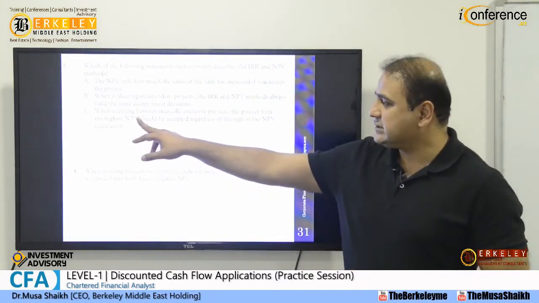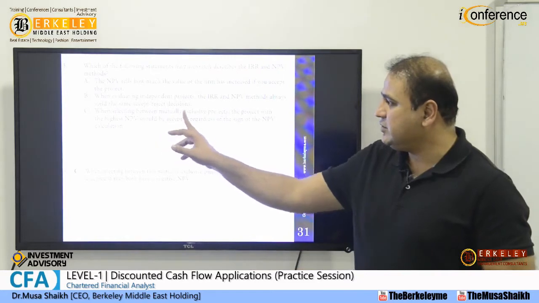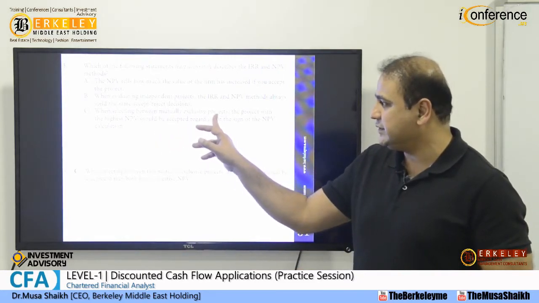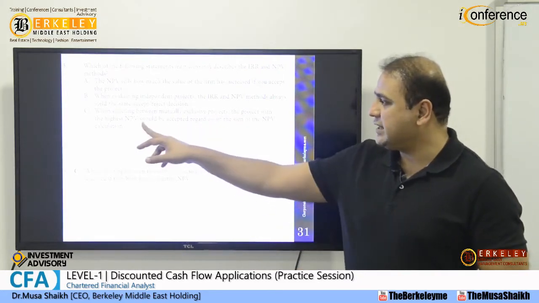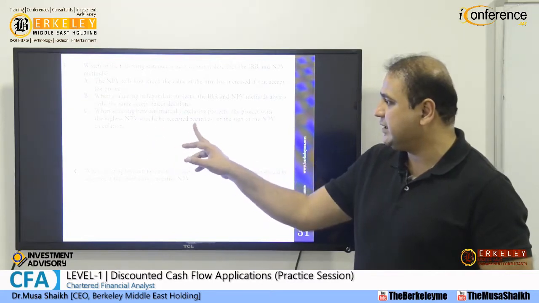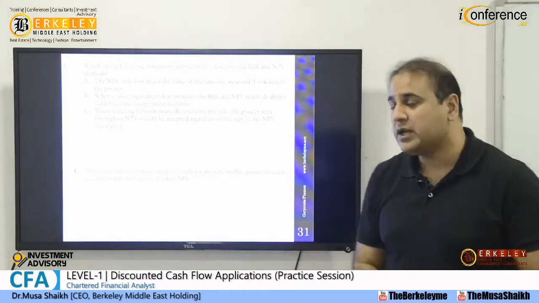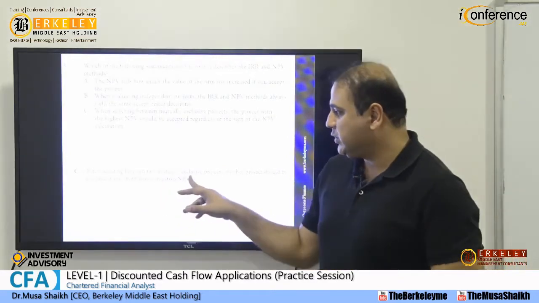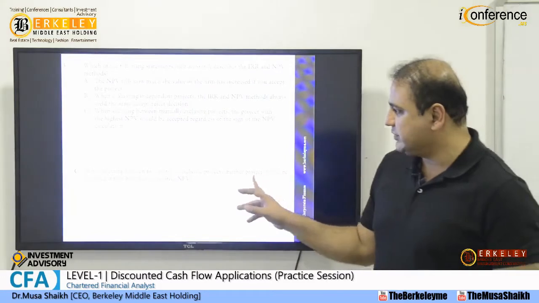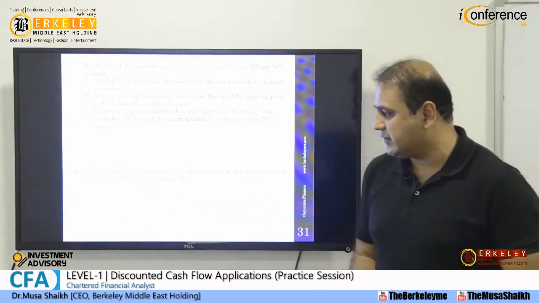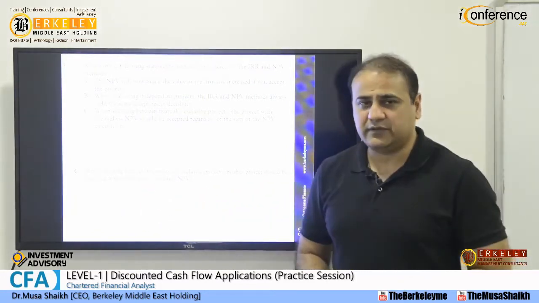If you see option C, when selecting between mutually exclusive projects, the project with the highest NPV should be accepted regardless of the sign of the NPV. This is wrong, because when selecting between two mutually exclusive projects, neither project should be accepted if they both have a negative NPV.